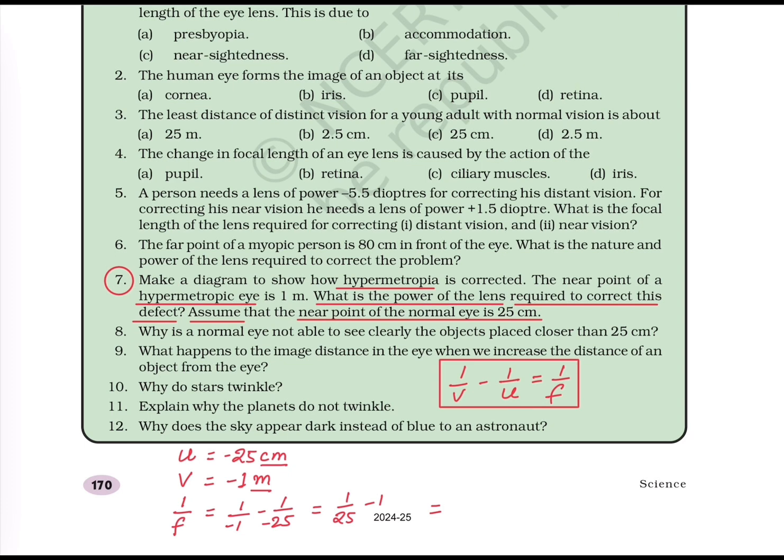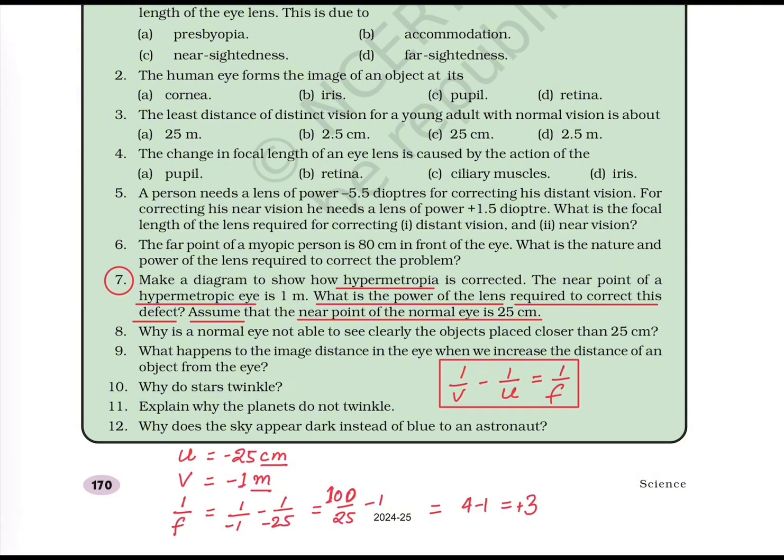So to overcome this, we have to convert all of them into meter. So let us convert this into meter. To convert this into meter, we will have to put 100 in the numerator of 1 by v. So now we have 4 minus 1, that is 3, and the value is plus 3.